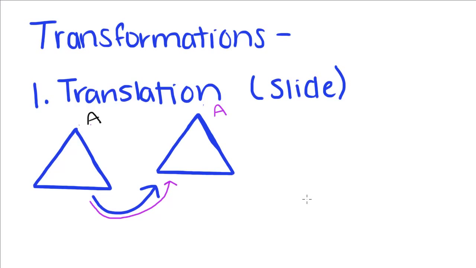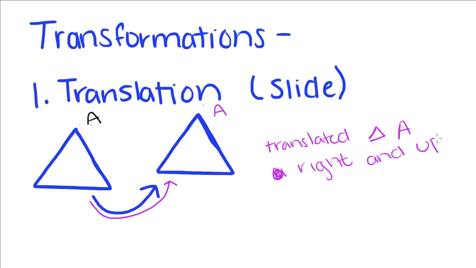So if we were to describe this transformation, we said we translated triangle A over right and up.